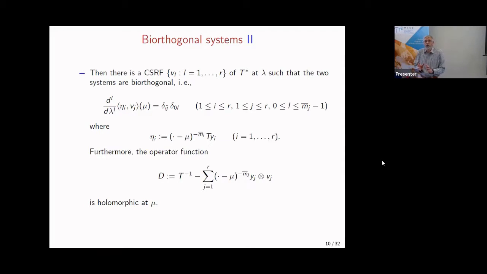So we have the tensor product of the corresponding root functions multiplied with lambda minus lambda_0 to the power minus the multiplicity of the corresponding root function. Then we get a holomorphic operator function. So that means these root functions have all the information about the principal parts of the inverse operator function.